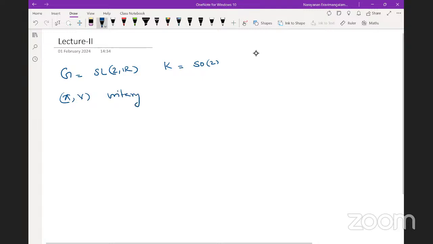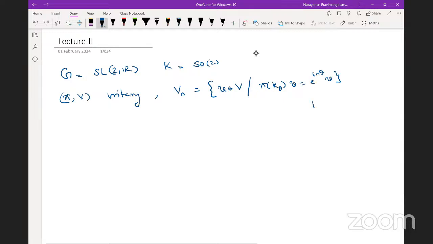We defined V_n, the vectors in V which transform according to representations of K: all v in V such that pi of k_theta v equals e^{i n theta} v.